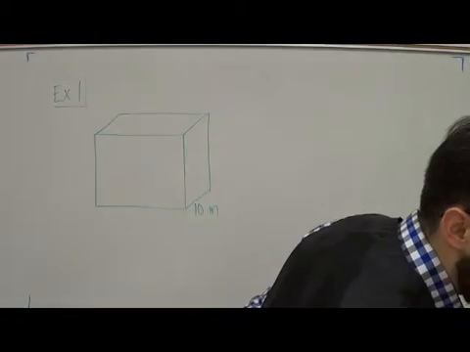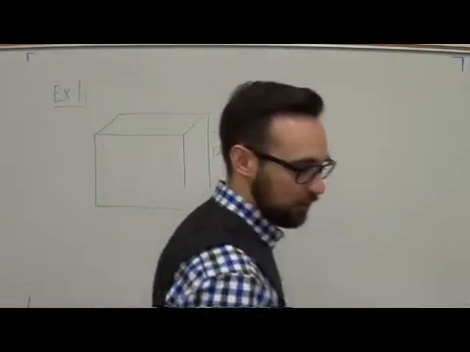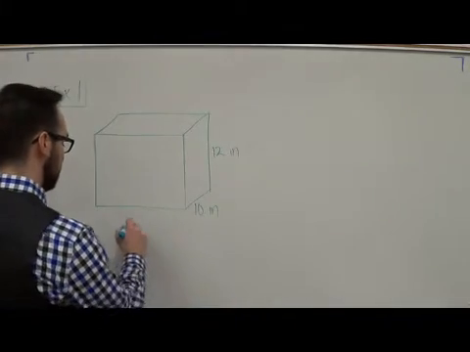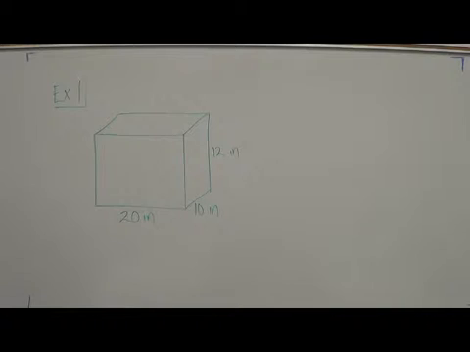We have a height of 12 inches. And we have a length of 20 inches. So not a very big fish tank. But we need to fill a fish tank with water. We need to know how many cubic inches of water is going to fit inside this tank.